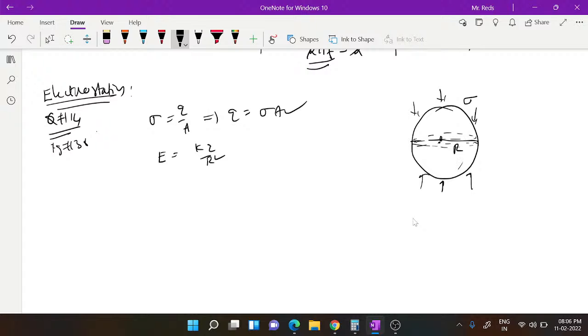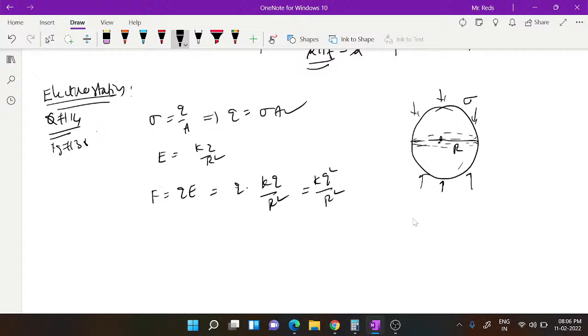To apply a force on this charge distribution, you have to apply the force Q into E, which is KQ by R square, so it becomes K into Q square by R square.